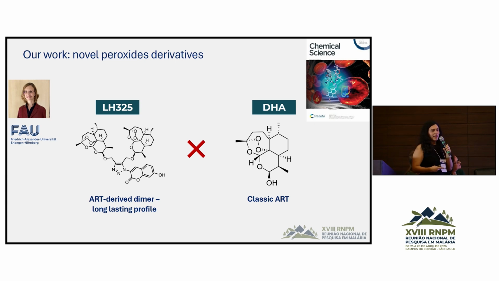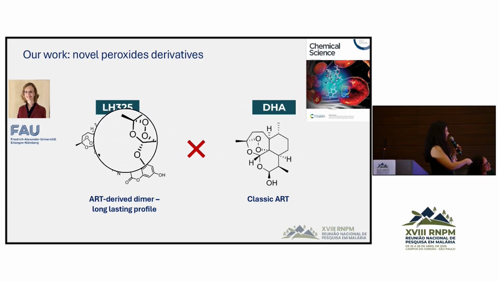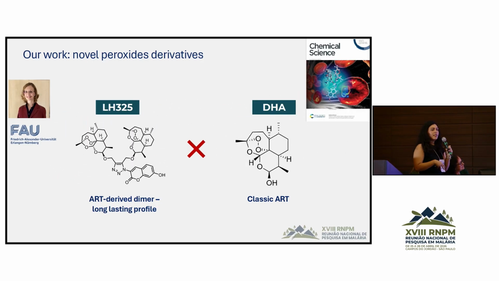In this perspective, my work seeks to understand a little bit more how novel peroxide derivatives work through LH325. Here we have two conjugated artemisinins forming this dimer that has a long-lasting profile, overcoming one of the Achilles heels of artemisinin.